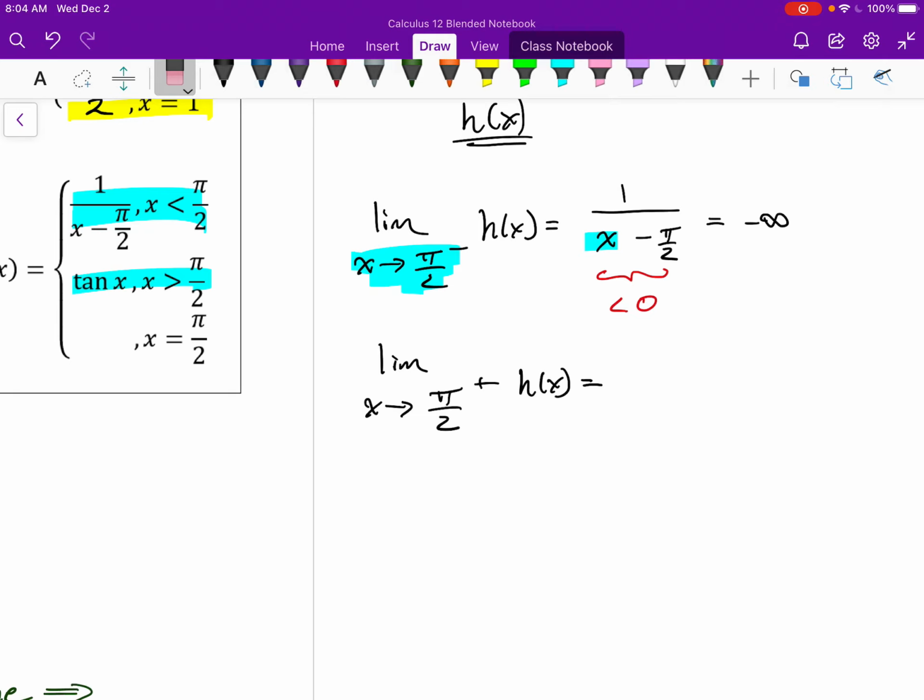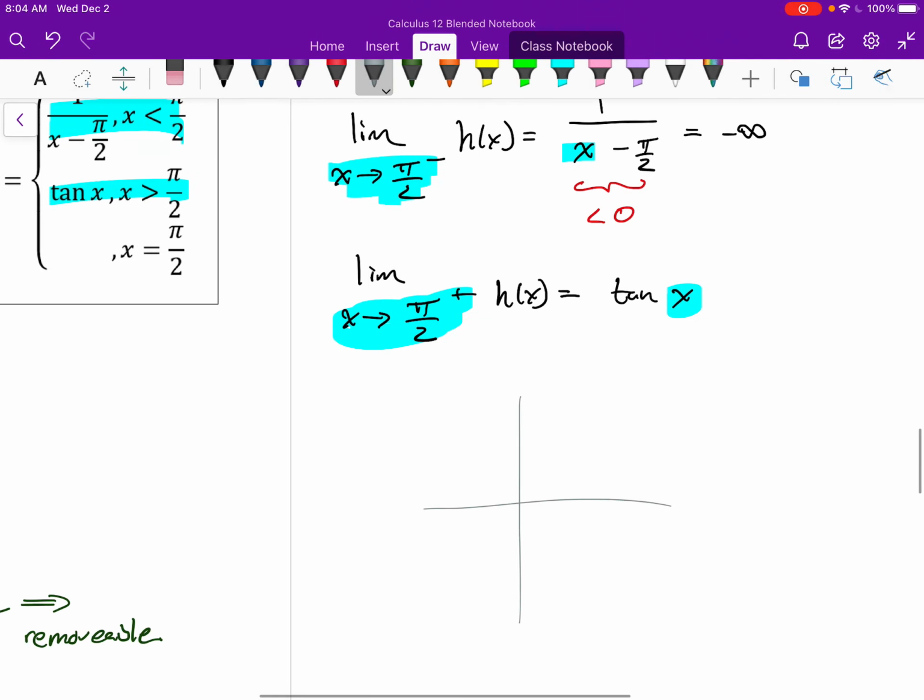But what does this equal? Well, at least it is just tan of x. And so let's think about what the tan of x looks like as x approaches pi over 2 from the right. So let me visualize the tangent function. The tangent function has an asymptote right at pi over 2 as well as at negative pi over 2. So here's my tangent function, and it repeats.